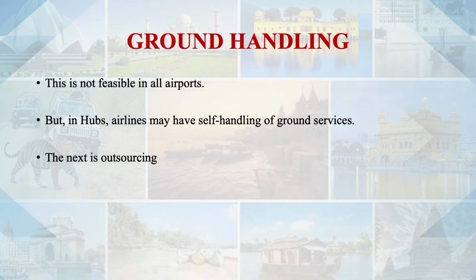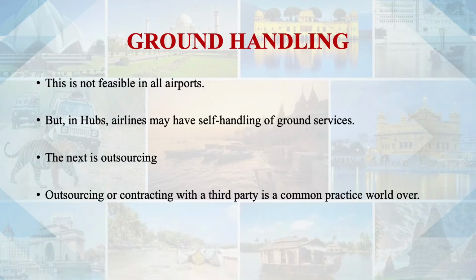Emirates has its own ground handling activities in Dubai because Dubai is the hub for Emirates. Etihad has its own ground handling activities in Abu Dhabi because Abu Dhabi is the hub airport for Etihad Airways.